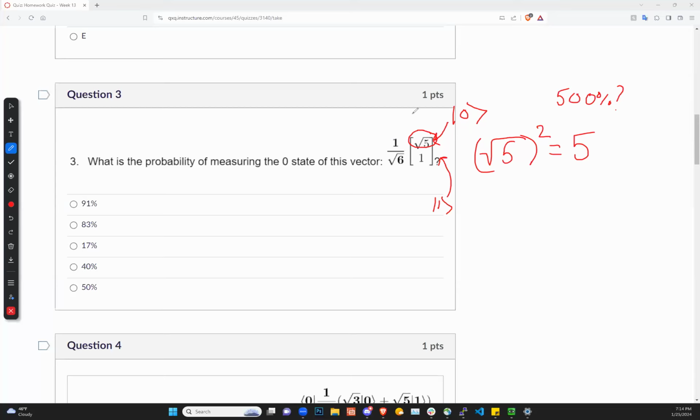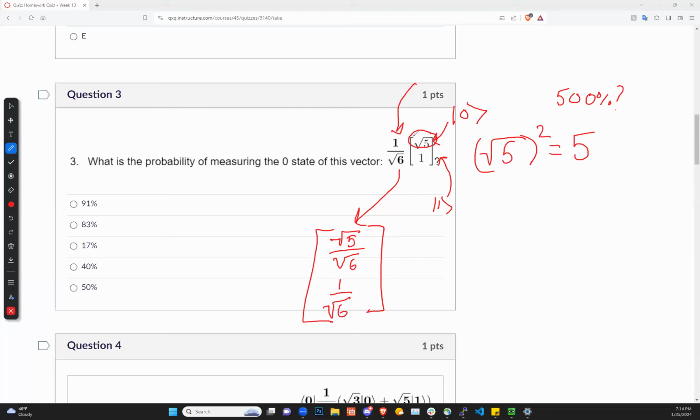The issue here is we have a coefficient out in front of this vector. And I always recommend, before applying Born's rule, you should bring this coefficient inside the vector. So instead of having this 1 over square root of 6 out front, I would write it as the square root of 5 over the square root of 6. And then I multiply by the bottom number 2, which is 1 over the square root of 6.